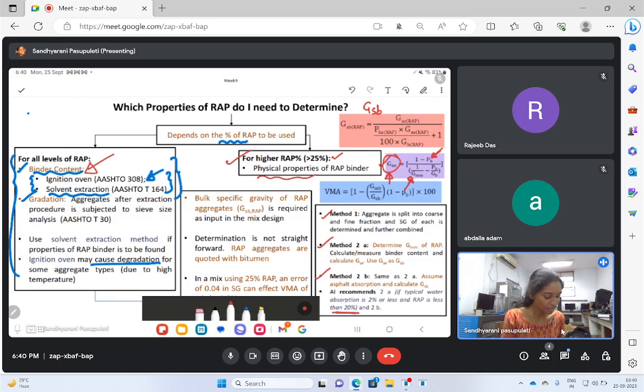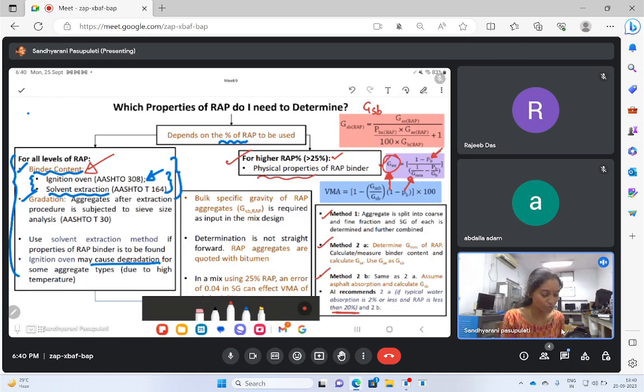But whenever the RAP percent is more than 20%, it was observed that the volumetrics, especially the VMA, vary too much. That is why, whenever the RAP percent is more than 20%, do not directly use this effective specific gravity as the bulk specific gravity.